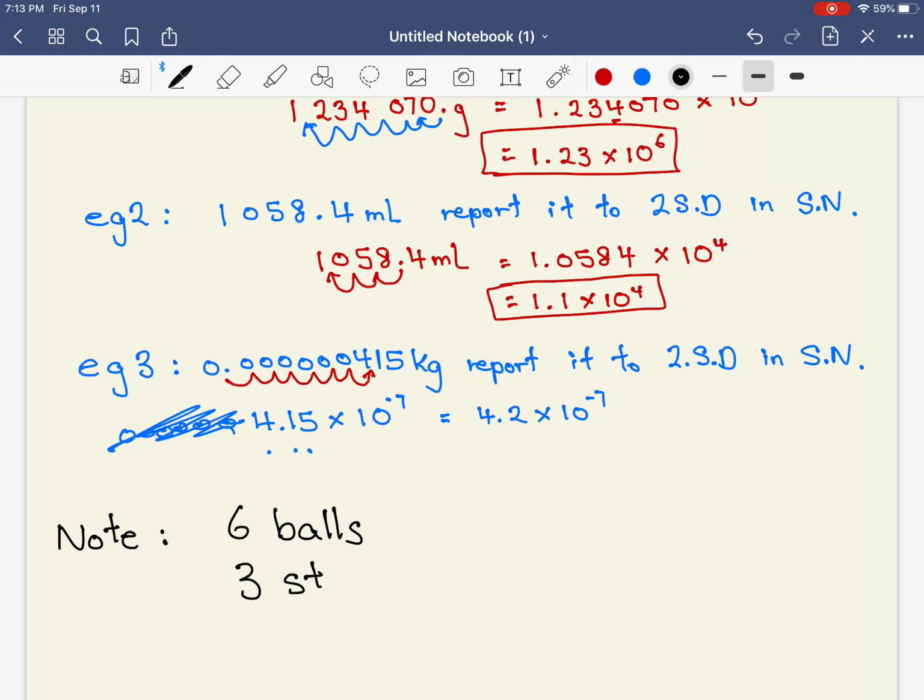How about 3 sticks? How about saying the fact that 1,000 milliliters is in a liter? How many significant digits is 6 balls? 3 sticks. 1,000 milliliters in a liter.